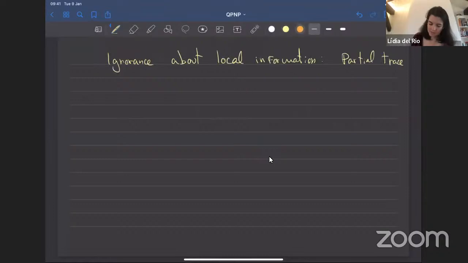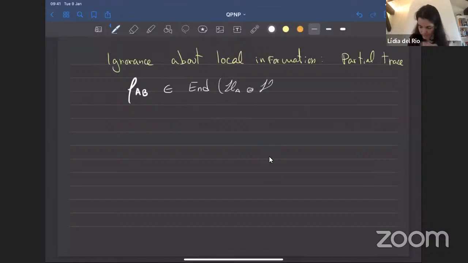So what's the idea? Suppose you have some rho AB. This belongs to the set of matrices, endomorphisms, linear maps, all the same, of two Hilbert spaces. So suppose you have Alice and Bob, and they share this state.